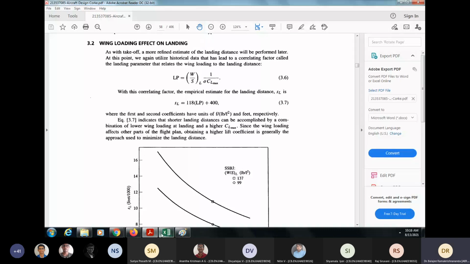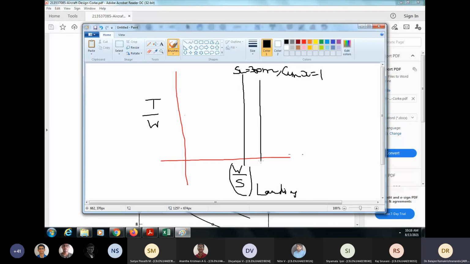You can easily find it. Probably this is SL for CL max equal to 0.8. This is for CL max equal to 1.2. Right now, you don't put either feasible or infeasible. You calculate this and keep it. Later, you can put it as a constraint with the suitable CL max. You understand what to do in this?